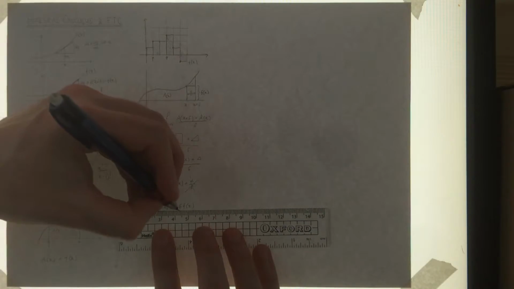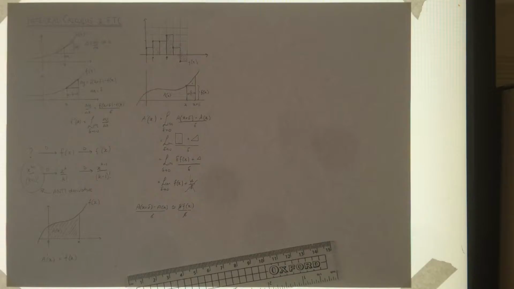Therefore, that over delta is approximately equal to f of x, and as delta shrinks to 0, that approximation gets better and better. Okay, it's still not entirely rigorous because we've assumed this contribution from this triangle dwindles to 0, but we haven't proved that's the case.